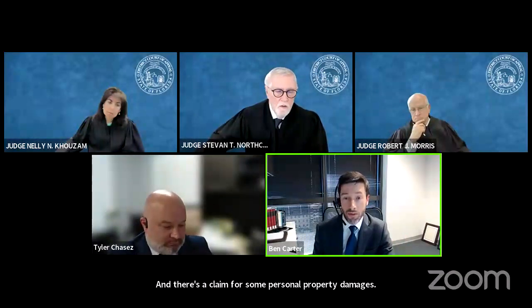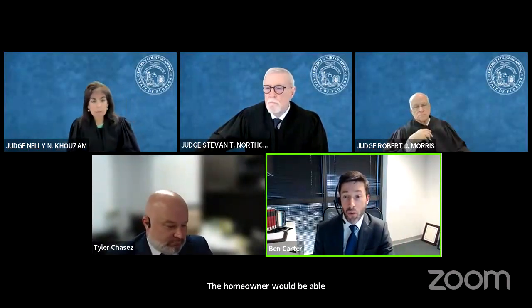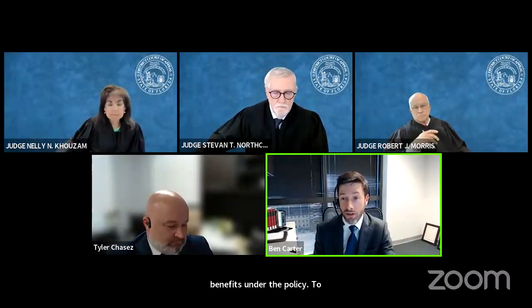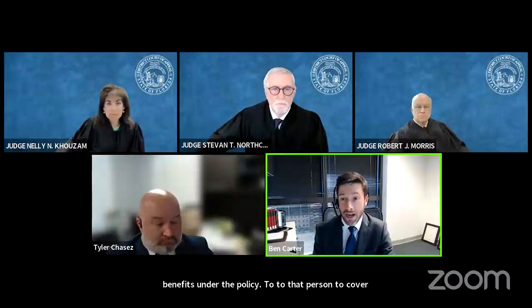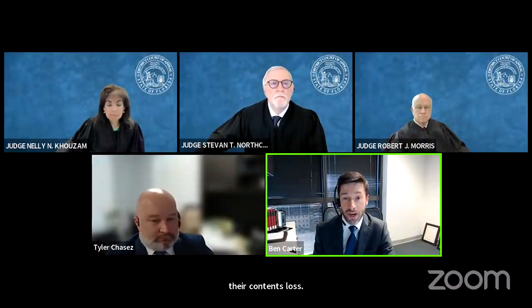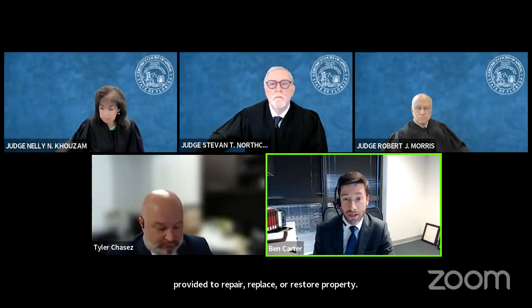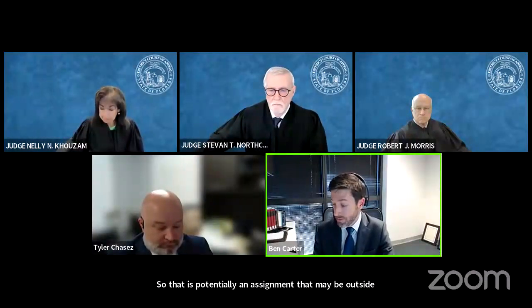The homeowner would be able to assign a portion of the benefits under the policy to that person to cover their contents loss, and there's no service being provided to repair, replace, or restore property. So that is potentially an assignment that may be outside the purview of the statute.